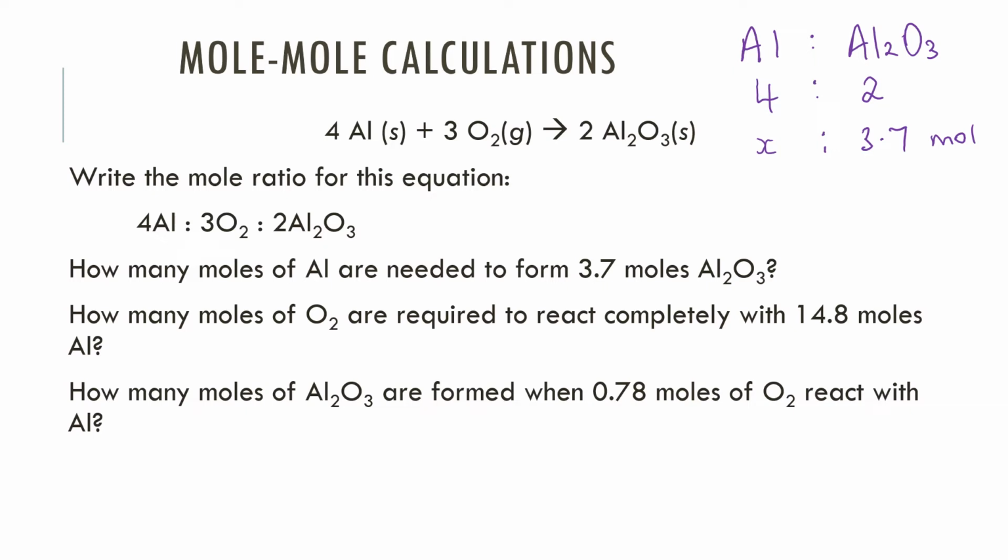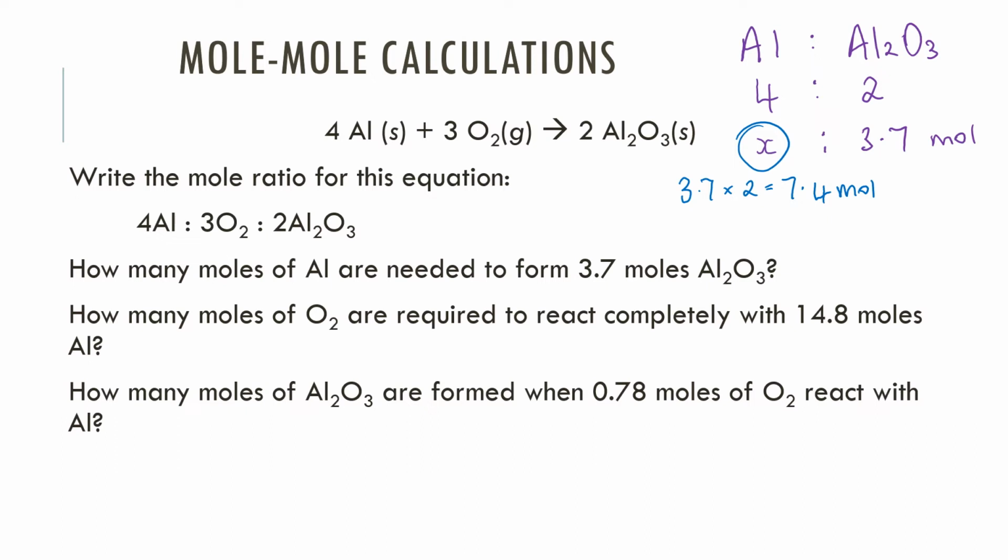We can see here that we have a ratio of 4:2. So to find out how much aluminium we actually need, we multiply 3.7 by 2. And that tells us that we need to use 7.4 moles of aluminium to produce 3.7 moles of aluminium oxide.